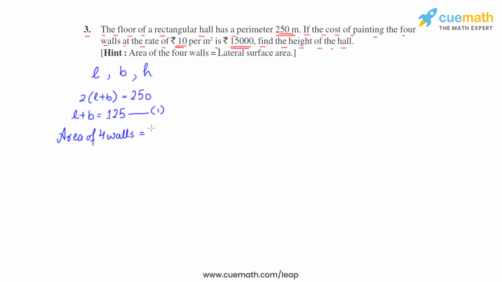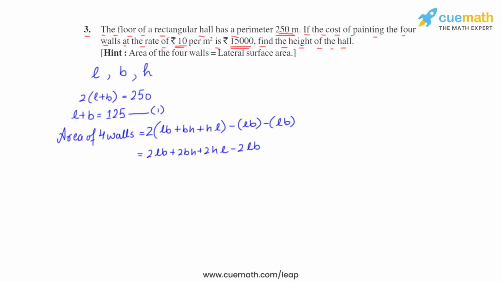So the total area of the cuboid, we know that the area of a cuboid is 2 into length into breadth plus breadth into height plus height into length, and then the area of the top, that is the ceiling, will be length into breadth, and the area of the bottom, that is the floor, again will be length into breadth. We can simplify: 2 gets multiplied with each term, so 2LB plus 2BH plus 2HL, and minus 2LB.